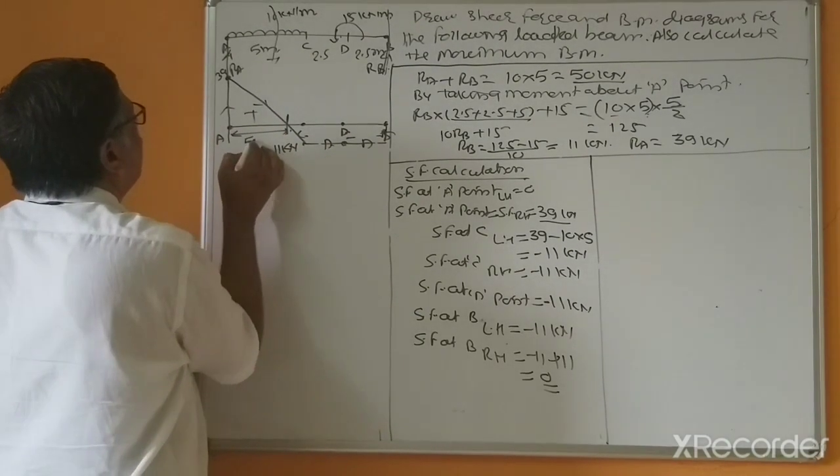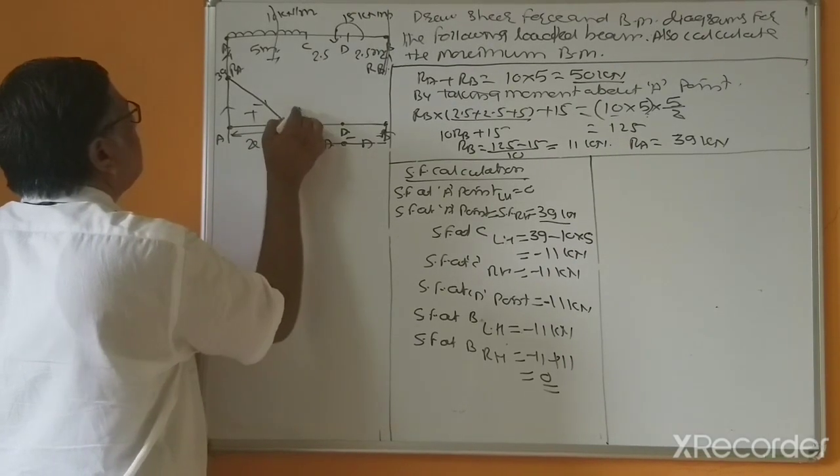Now this distance is x, and this is 5 minus x.